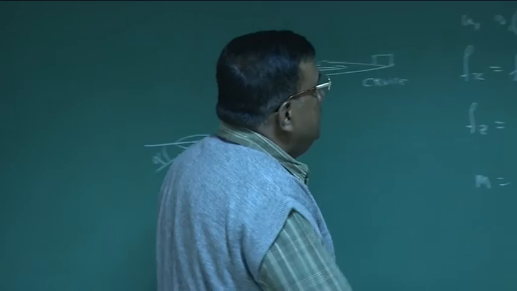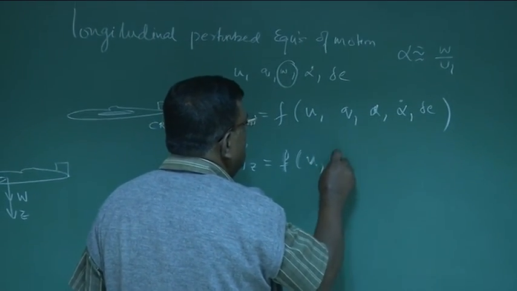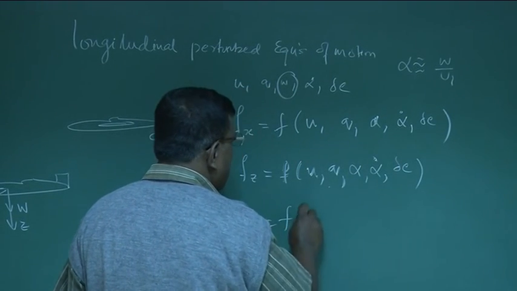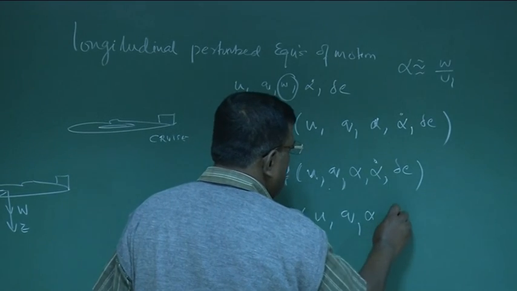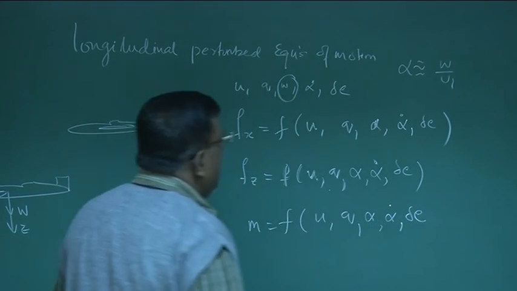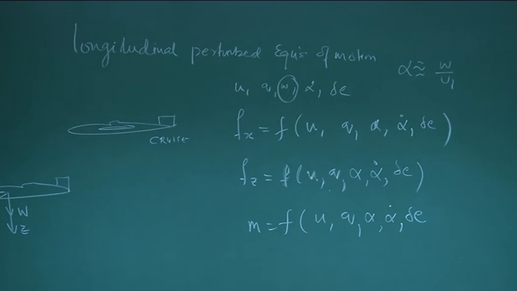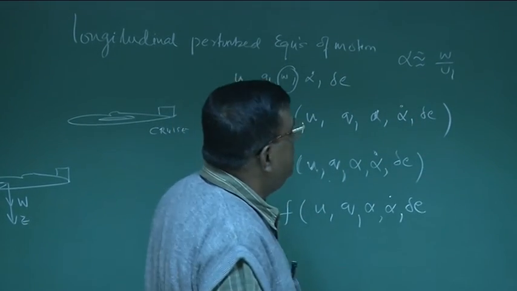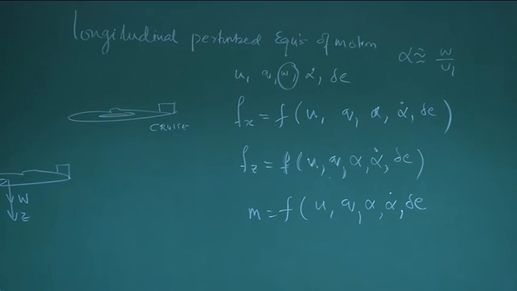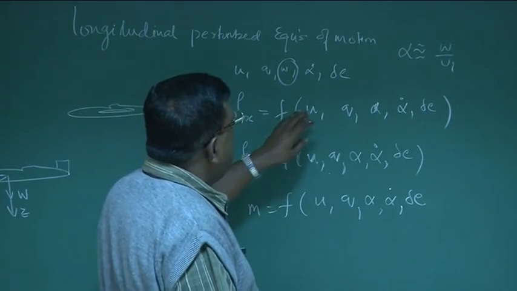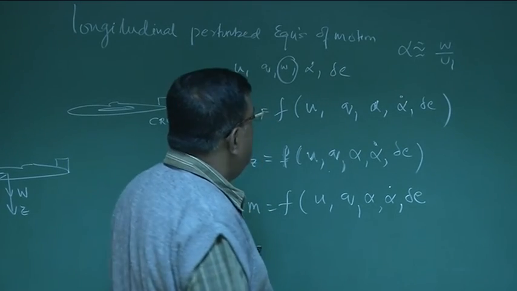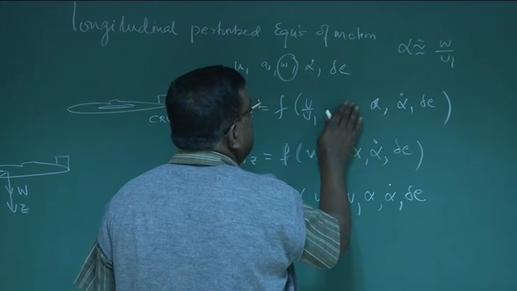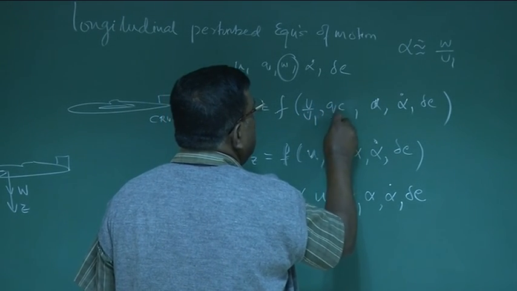Okay. Similarly here, you see, I could write u, q, alpha dot, delta E. In general, I will write here u, q, alpha dot, delta E. And one more thing we realized, please note that in the earlier lecture I have not put alpha dot. So we'll explain you, we'll do some approximations. But coming back to this, we understand that we want to ensure these arguments are non-dimensional, right? So we said, oh, instead of u, we'll write u by u1, instead of q, we will write qc by 2U1.